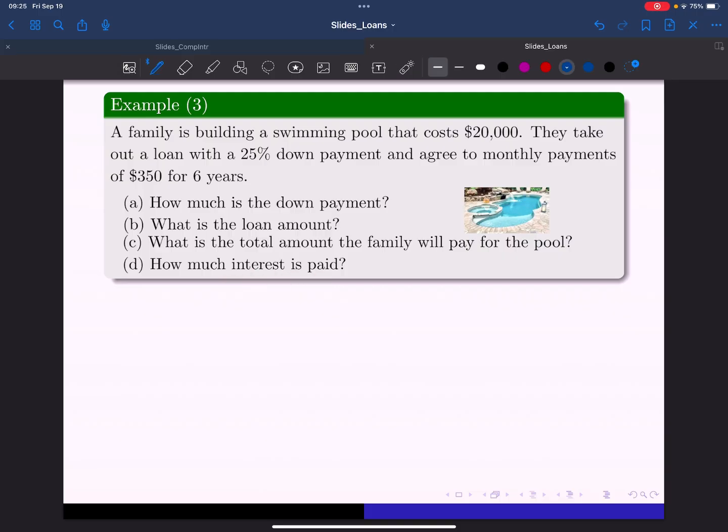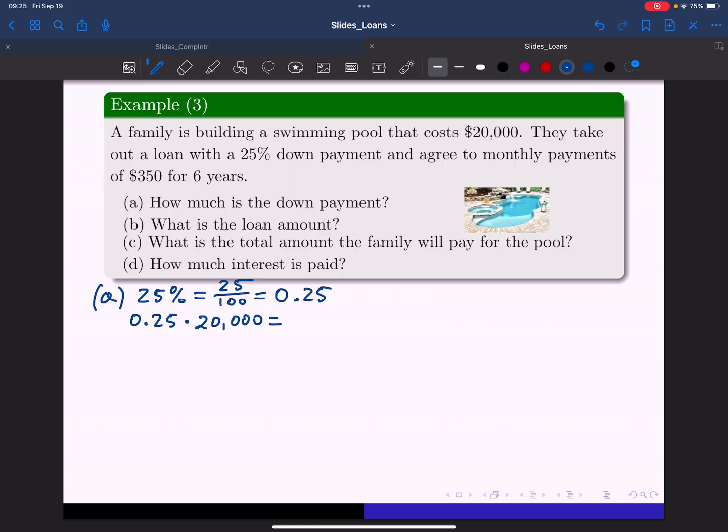So as before, we need to change 25% to a decimal. 25 divided by 100 is 0.25. To calculate the down payment, we have the percentage 0.25 times the original cost, $20,000.